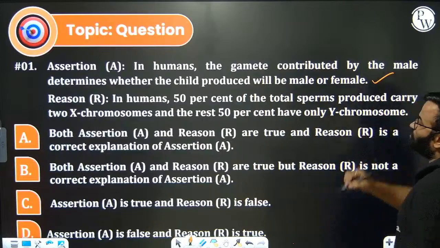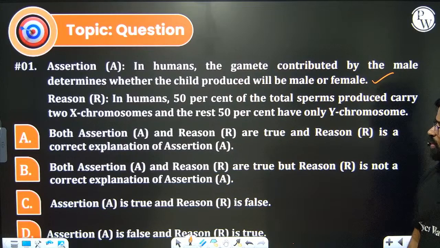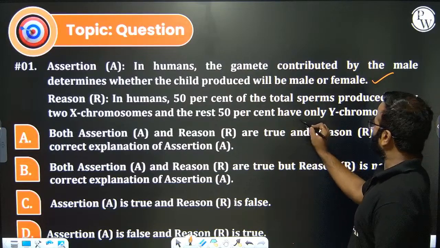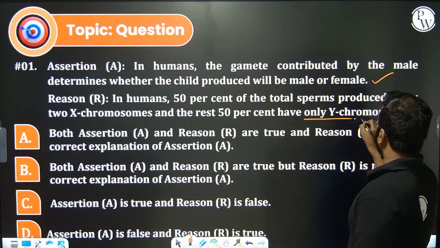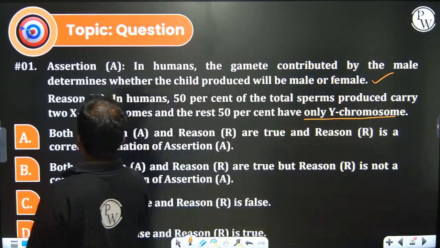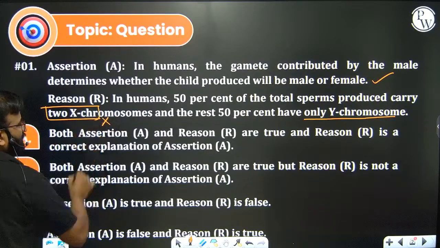Next, in humans, 50% of the total sperms produced carry two X chromosomes, and the rest 50% can have only one Y chromosome. The part saying only one Y chromosome is true, but here it says half have two X chromosomes, which is false, isn't it?